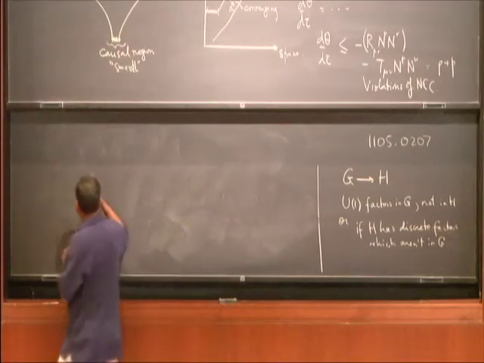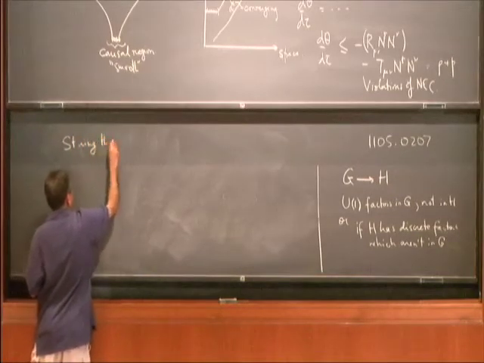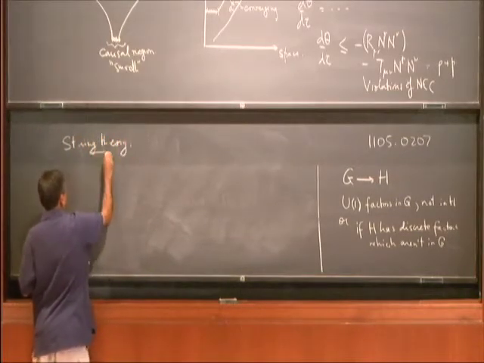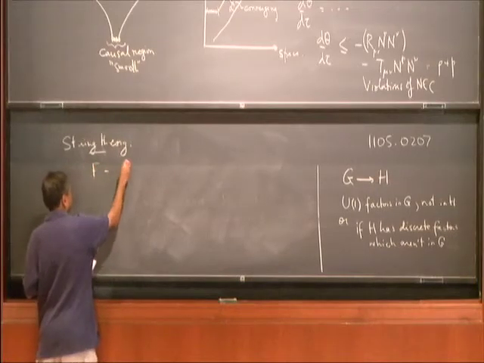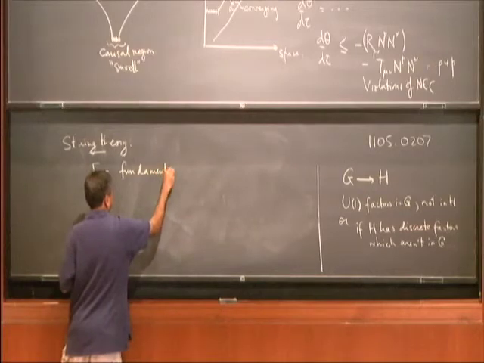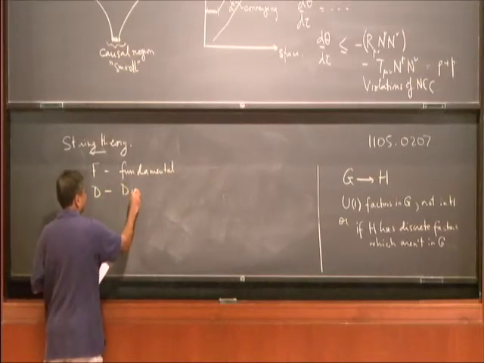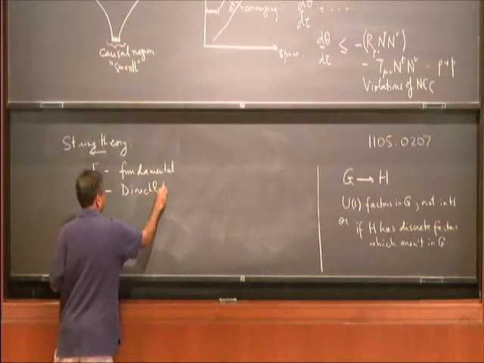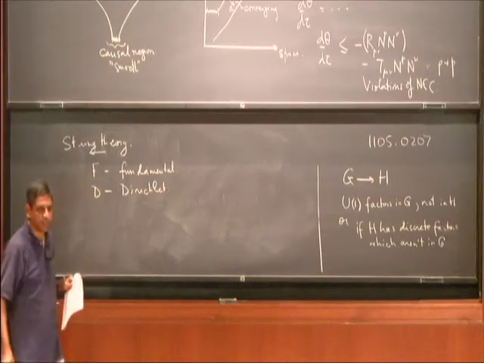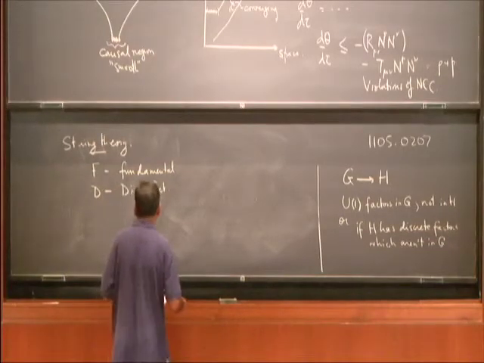So in string theory, there are two kinds of strings. There is the F, the so-called fundamental, and there are the D's, which are the Dirichlet. Okay, and you can also have bound states of these strings.